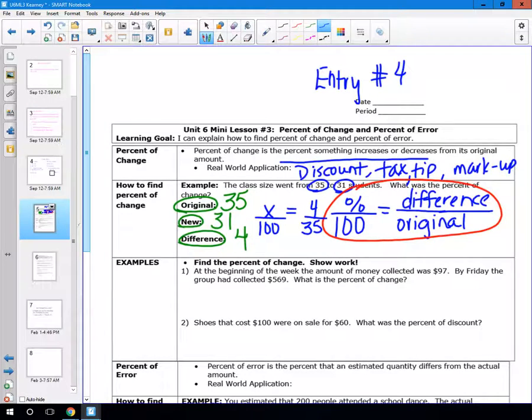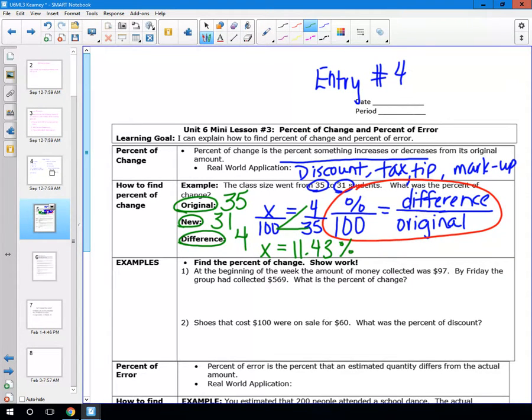So now we have our proportion set up, and we're going to solve it just like we've always solved it. So we're going to cross multiply and divide. So grab your calculator and multiply 4 times 100, and you get 400. And then we're going to divide that by 35. And when I put that in my calculator, I get 11.43%.